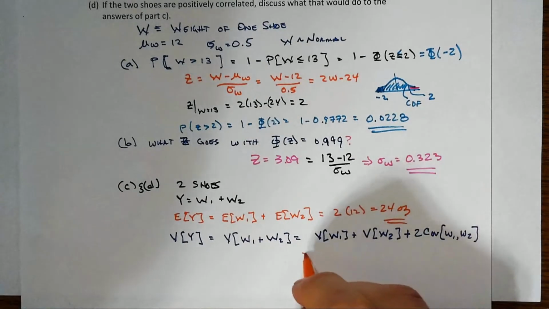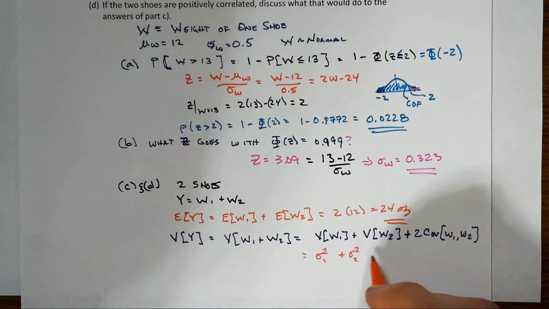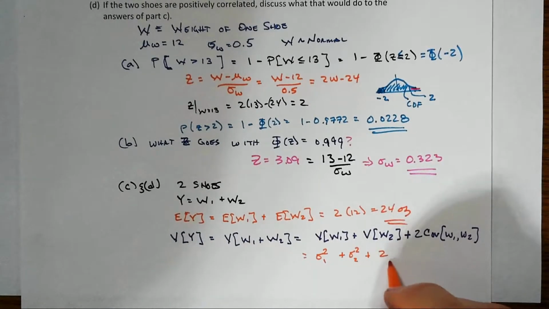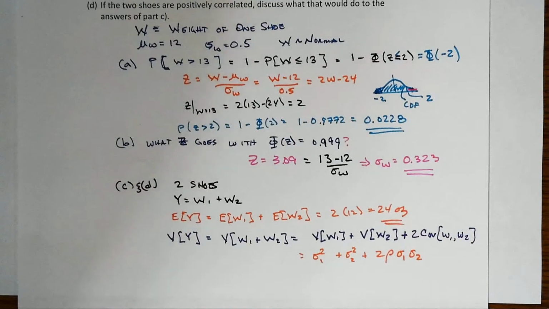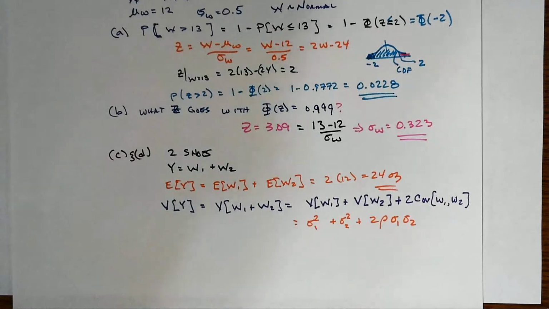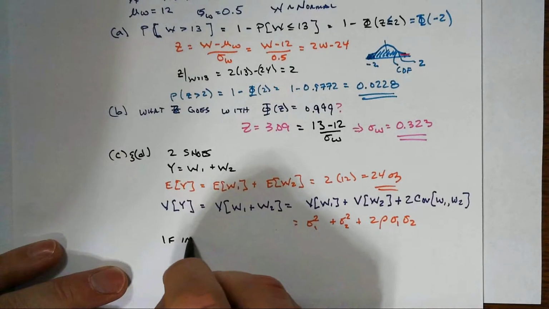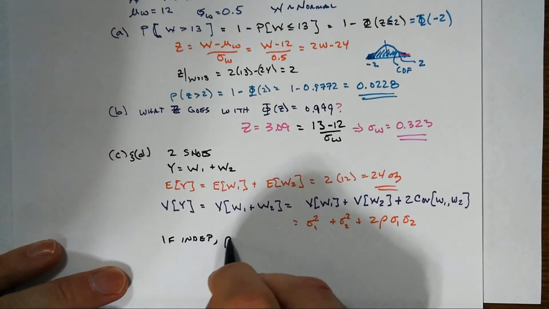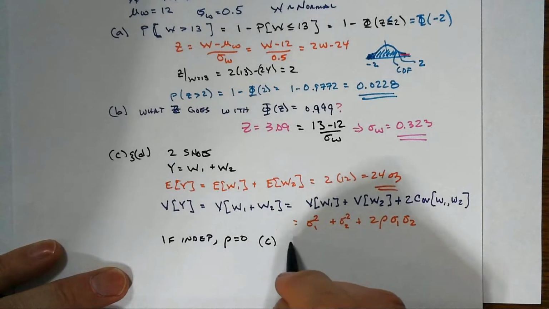We've got the variance of the one plus the variance of the second, plus the covariance, which can be written as 2 times the correlation coefficient times the individual standard deviations. And so if we have independence, then rho equals 0.